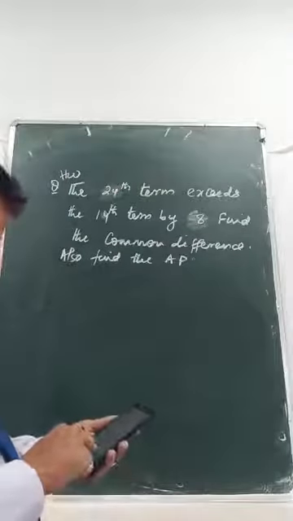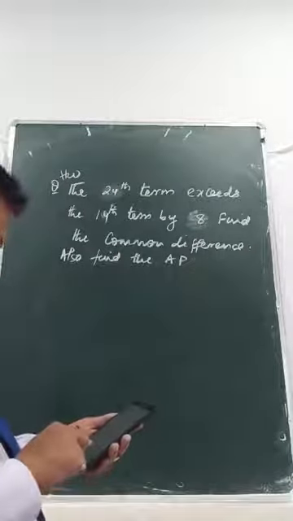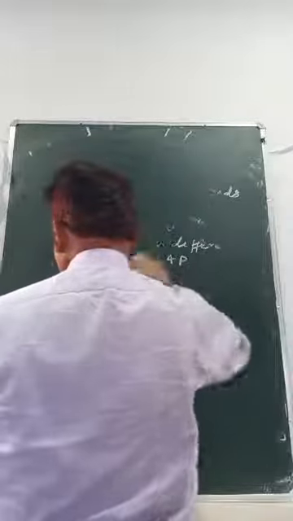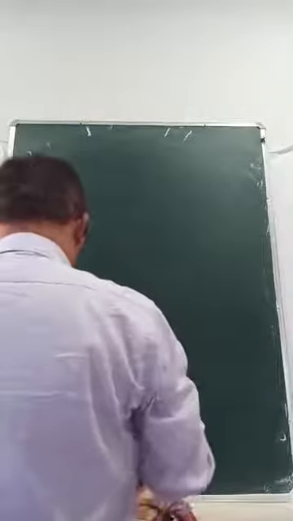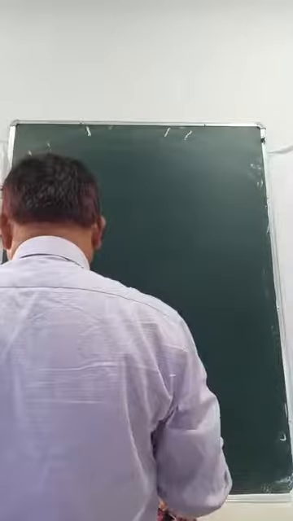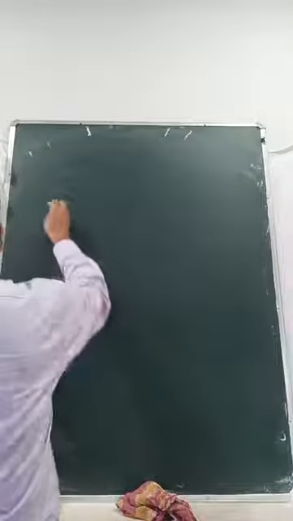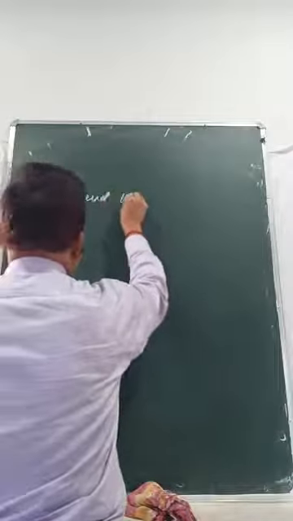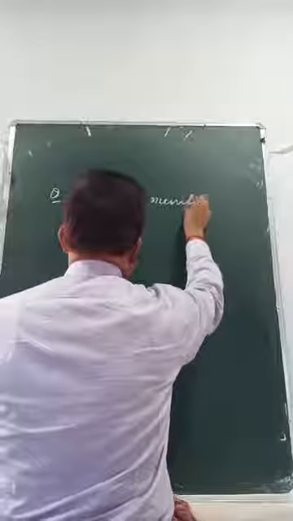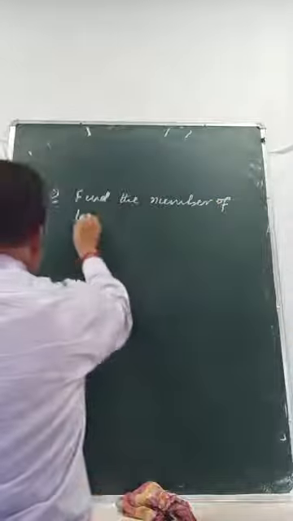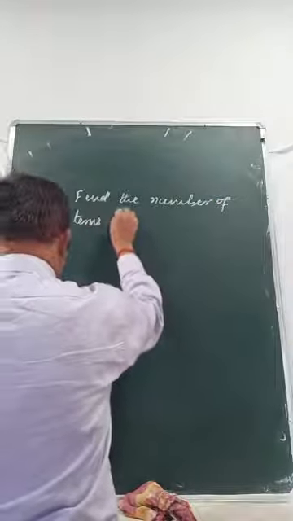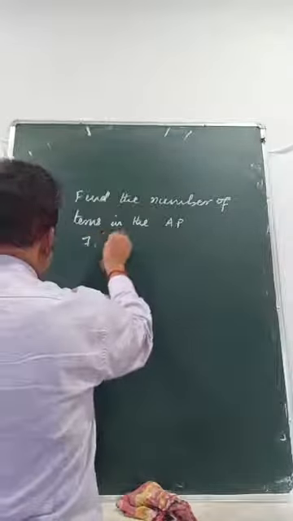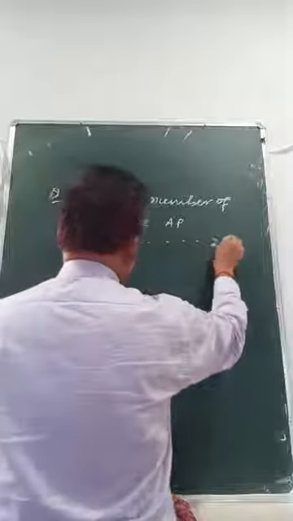Okay, now what is the next question? Look here. Find the number of terms in the AP 7, 13, 19, up to 205.